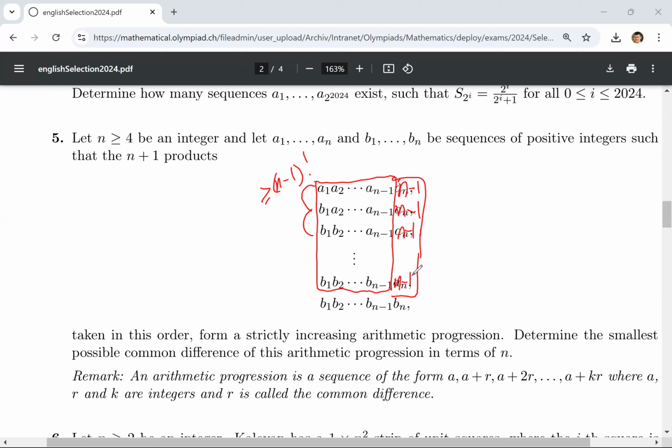That's the biggest number less than n we can have. And let's suppose b_n is n. It could even be more than n, but if it's more, the difference will be even bigger. But if it's just n, then what's this difference here?